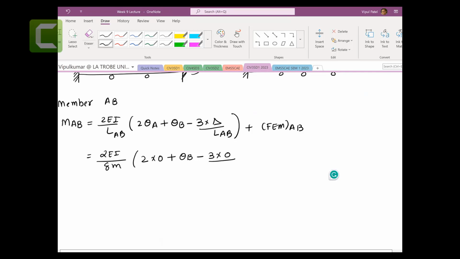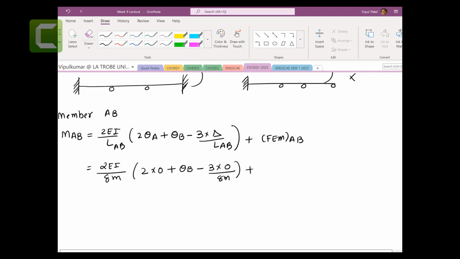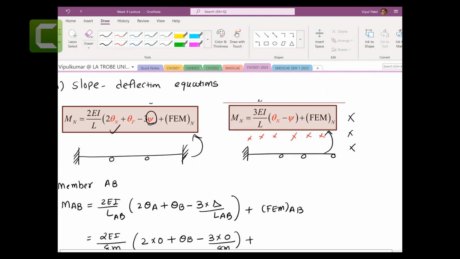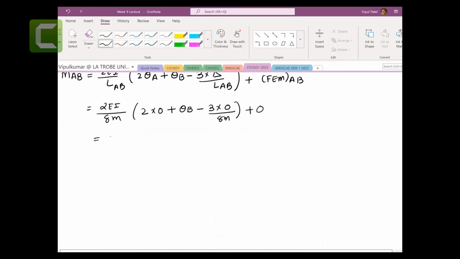Length is 8 meters, and the fixed end moment for AB is 0, which we calculated. Substituting, 2 and 8 cancel, so that makes EI over 4 times theta B. That is your equation for MAB.